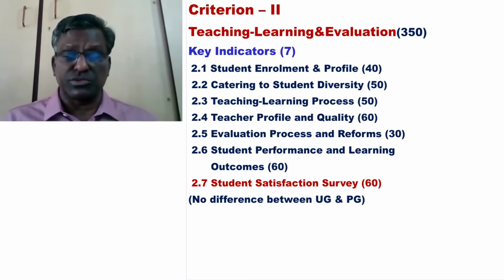So in effect, there are only 4 key indicators for UG colleges and 5 key indicators for PG colleges with reference to criterion 3. So 3.1, promotion of research and facilities. This applies only to universities and autonomous colleges and does not apply to affiliated and constituent colleges. 3.2, resource mobilization for research. 3.3, innovation ecosystem.